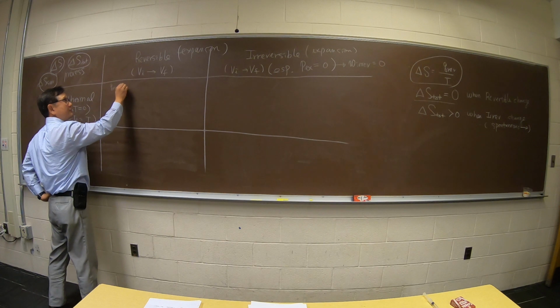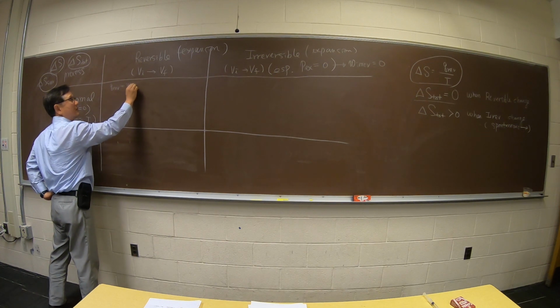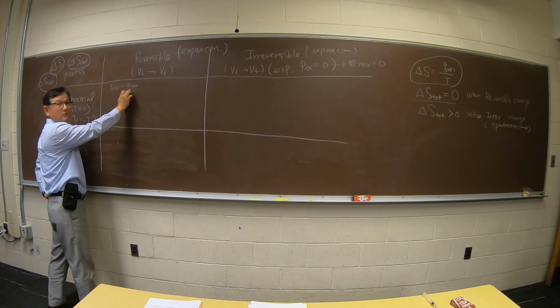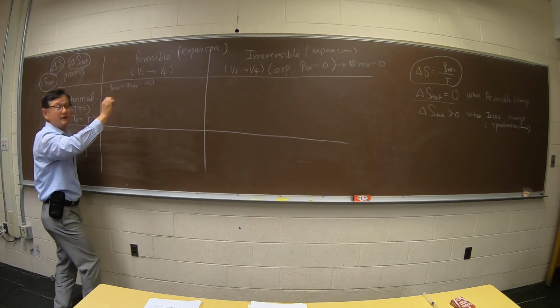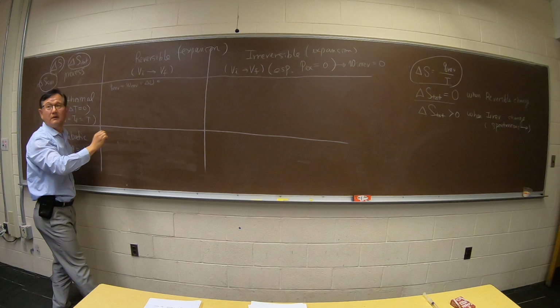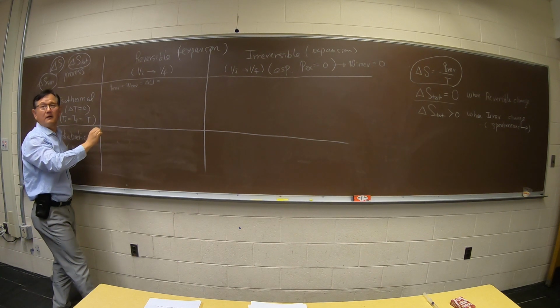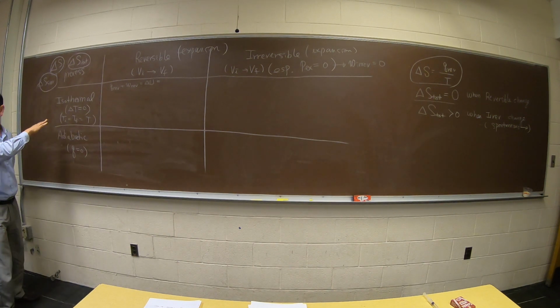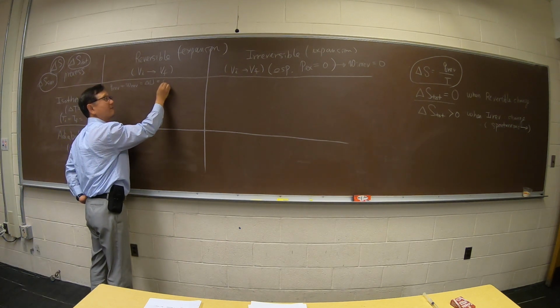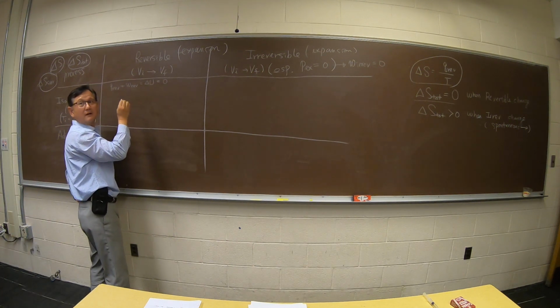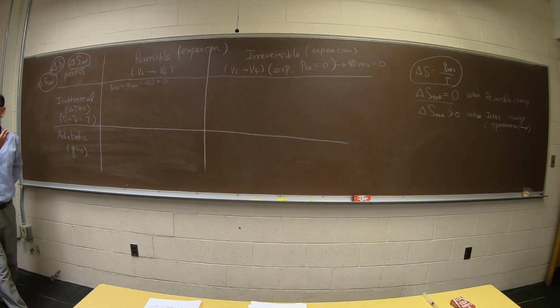What was our original equation? Q reversible and work reversible together are supposed to be delta U. What is this situation? Isothermal, so delta T is 0. Delta U is 0.